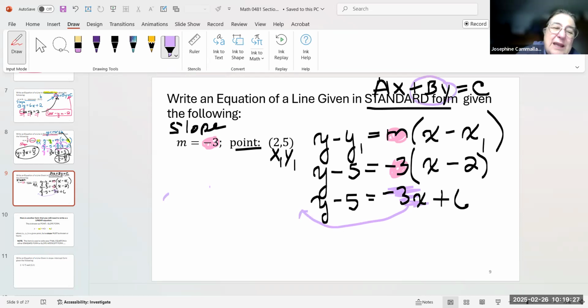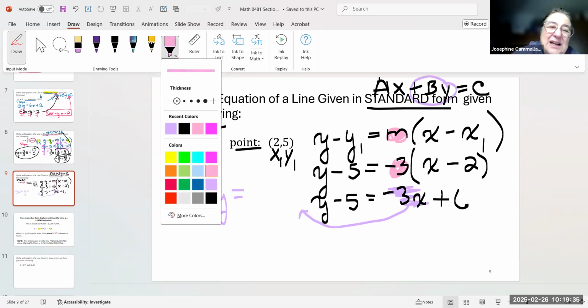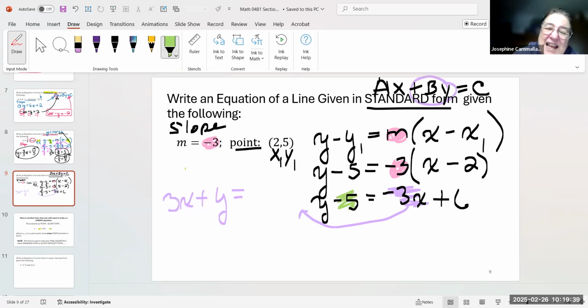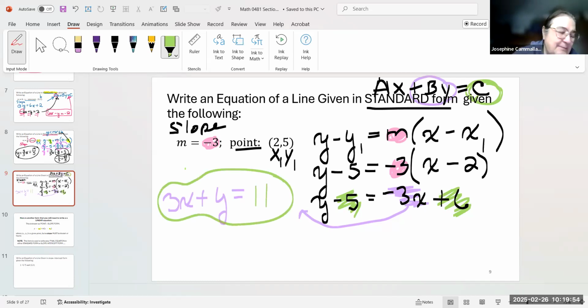So this will give me 3x plus y equals, well, now this negative 5 and this 6 is my C term. And notice it's to the right of the equal sign, which gives me 11.